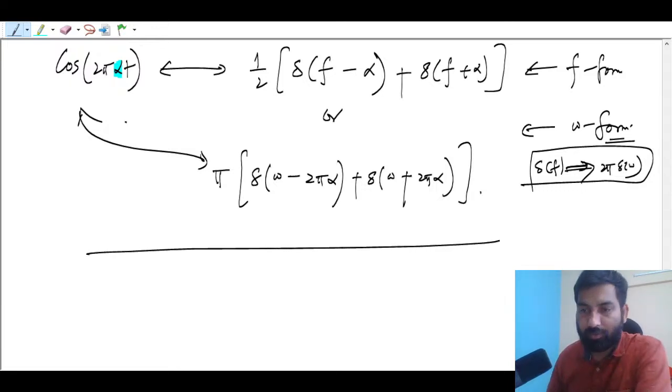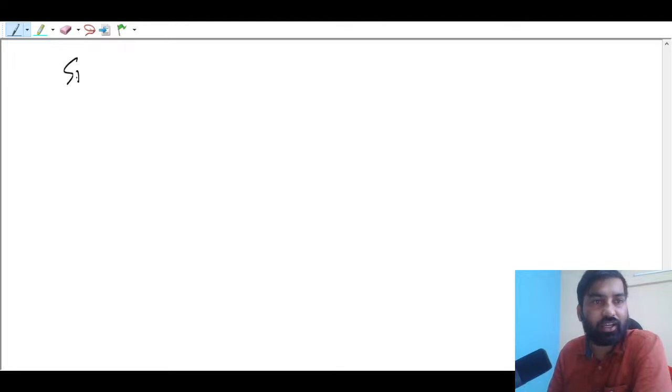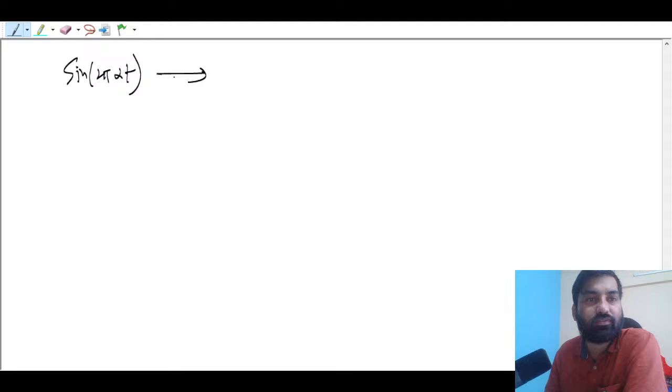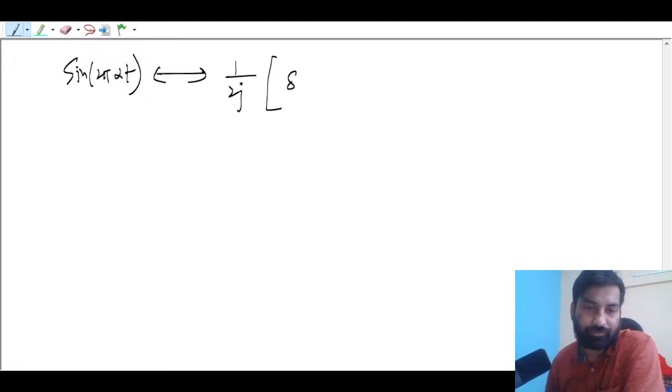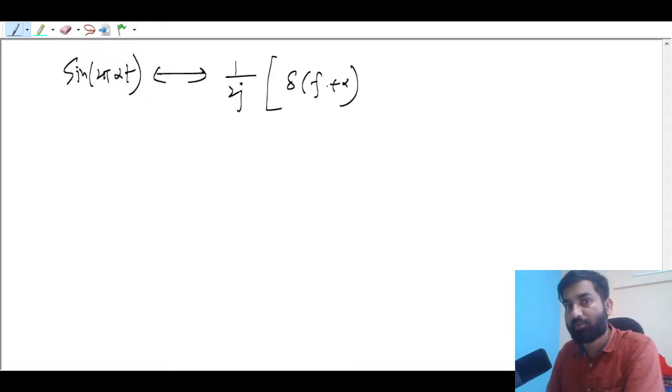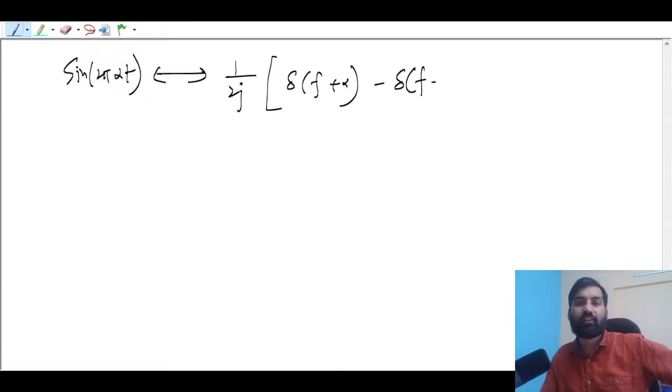So now we will talk about sine. Sine 2 pi alpha t in f form is nothing but 1 by 2j [delta(f plus alpha) minus delta(f minus alpha)], that you have to remember. Now you have to convert into omega form.